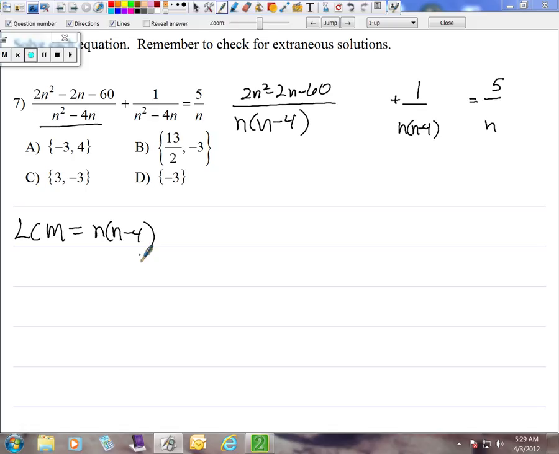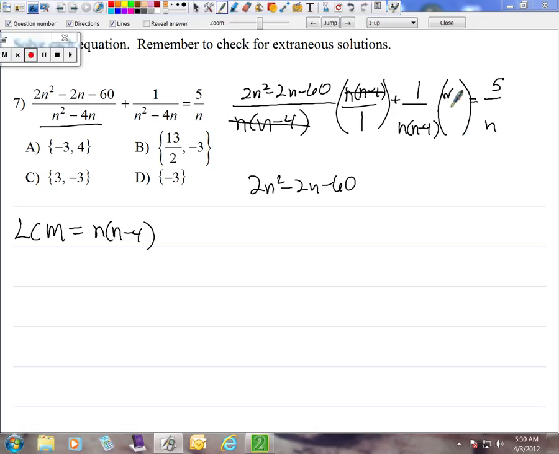So let's go ahead and do this one. First fraction, we'll multiply by n minus 4 in parentheses over 1. When we do, this cancels and makes a 1, leaving us 2n squared minus 2n minus 60. Let's do the second fraction. I know I'm going to have to write small here; I didn't give myself a lot of room.